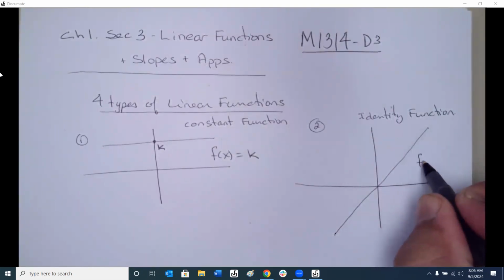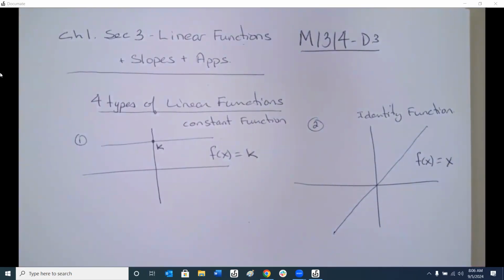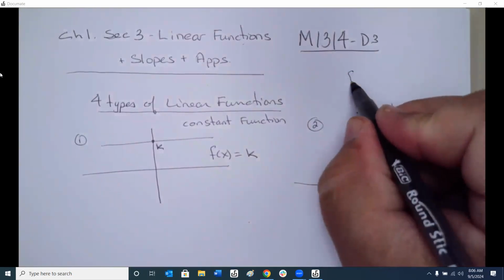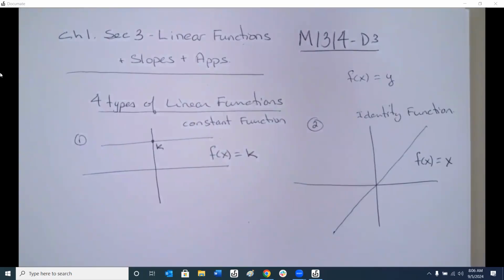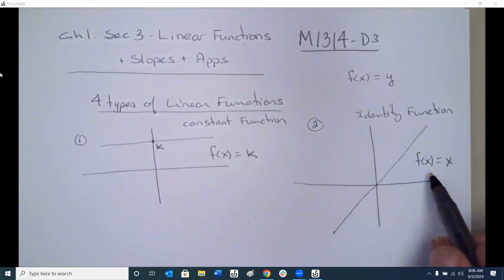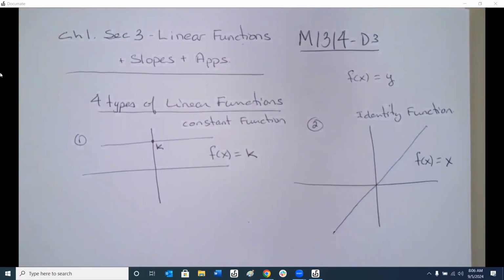And that function looks like this. So remember, f of x is the same thing as y. So this says y equals x. If x is 1, y is 1. If x is -3, y is -3. So it's a diagonal line, 45 degrees.